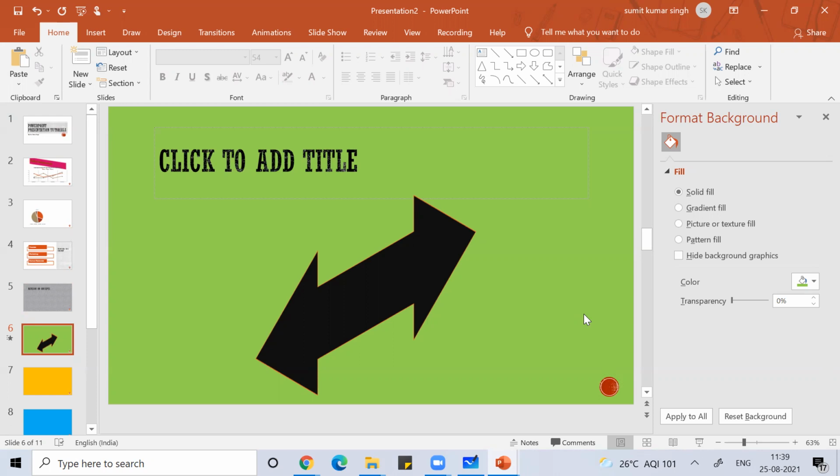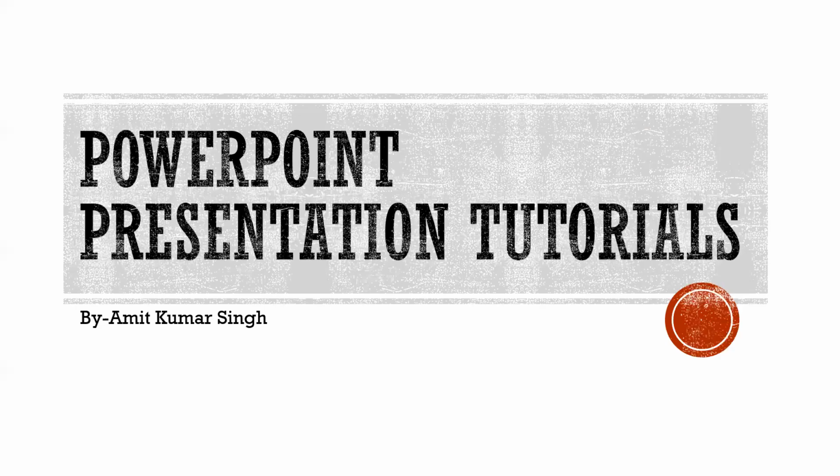Once you connect your laptop or system with the screen, with the projector, and start the presentation, the key we use for maximizing the screen size is the F5 key. Although I am on slide 6, if I press F5, it will open the first slide.